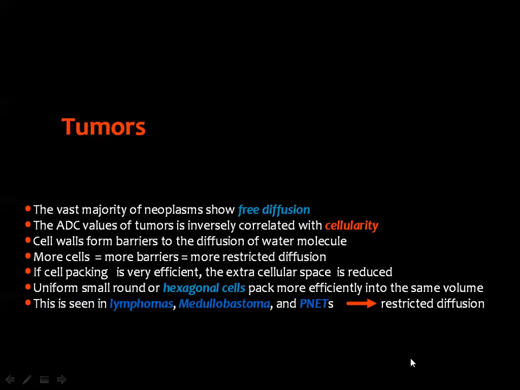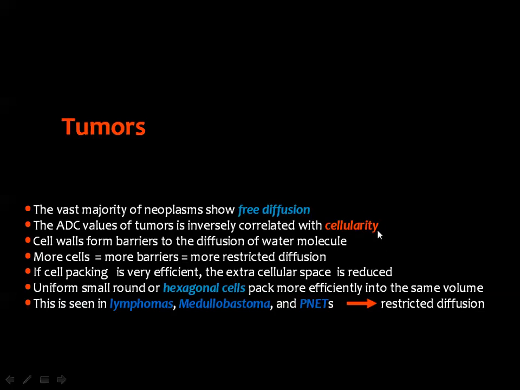Then diffusion weighted images play an important role in the differentiation or the discrimination between some types of tumors. Most of the tumors will show free diffusion, black in the DWI and bright in the ADC map. But some of the lesions will show diffusion restriction, and this will depend very much on the cellularity.